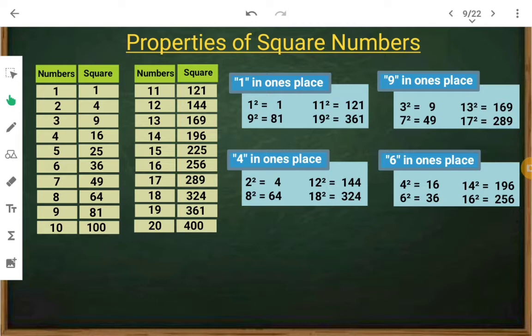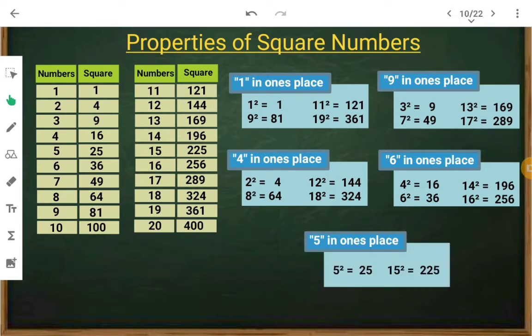And now I have covered 1, 2, 3, 4, 5. 5 square, 15 square, 25 square and all, we have 5 in the ones place. So I have covered all the numbers from 1 to 20, right? It will be helpful for you to find square numbers.